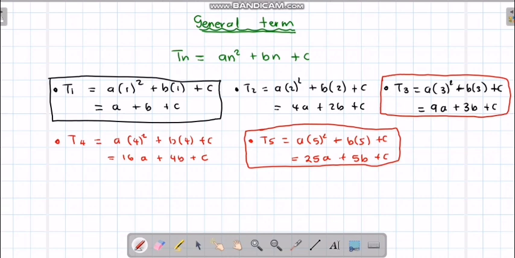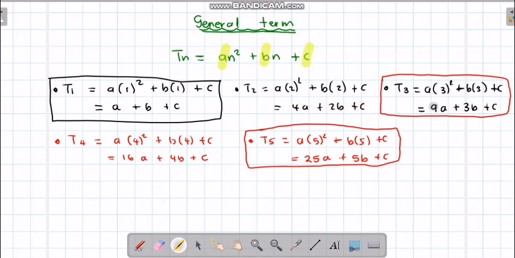The question may be, how will you get the value of a, b and c? When they introduced the quadratic pattern to us in grade 11, first they substituted 1 where you see n. So we get term 1 as a plus b plus c. For term number 2, substitute 2 and you get 4a plus 2b plus c.